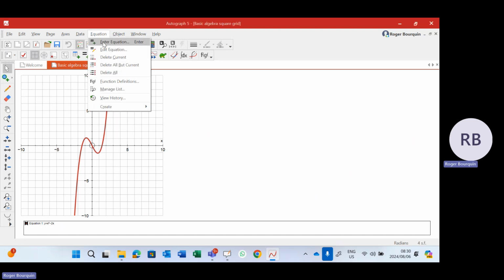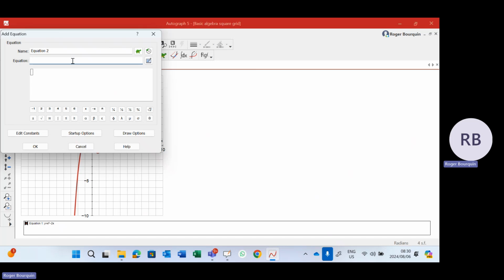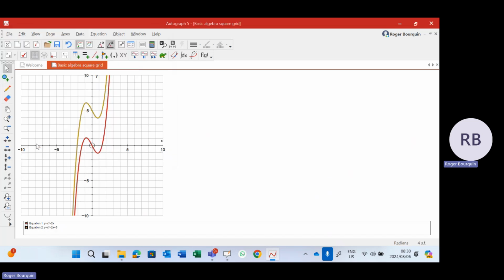The original one was x cubed minus 2x, and now I'd enter y is equal to x cubed minus 2x plus 5. And what should the effect be? That whole graph should be picked up. Every single point has moved 5 units up. To cause a shift in a graph, you simply add a constant to the end of the function.